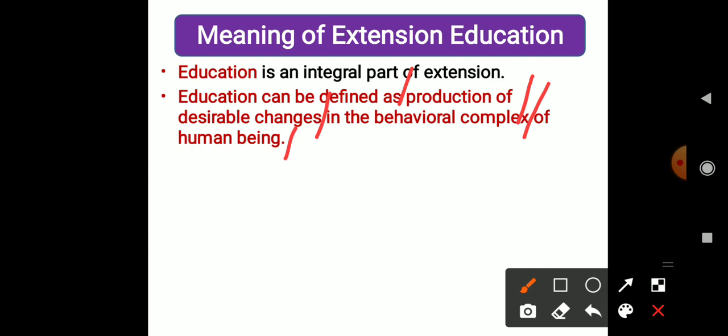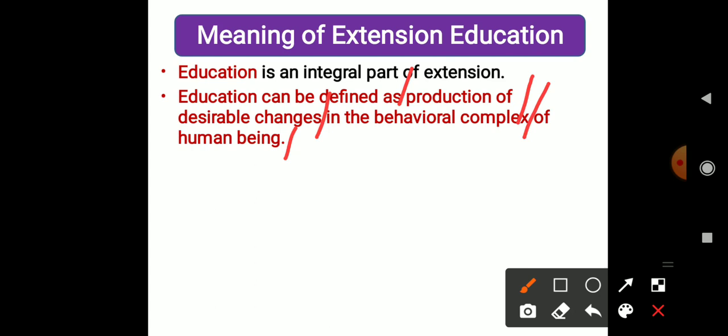So likewise you need to make a part of the definition. Whenever you need to write a definition, it must be word to word.